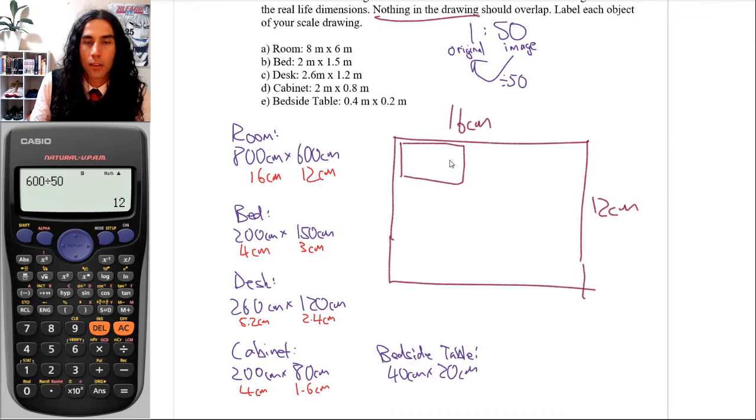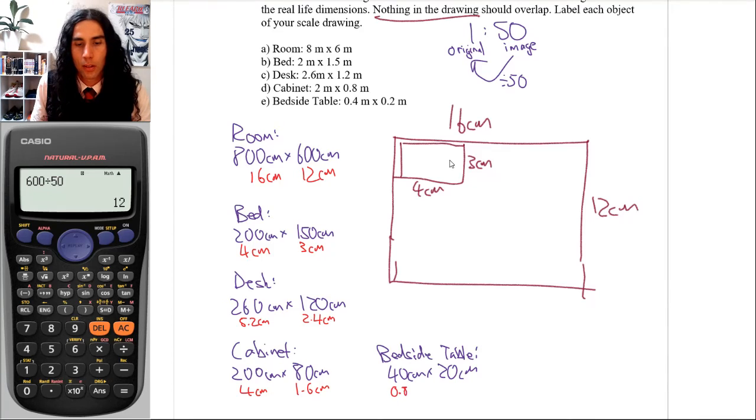4 by 3. Get it right though. I'm being really rough here. Bedside table. You can put it wherever you like. Might as well put it over here. Oh wait, I even skipped it. That's so bad of me. Bedside table. 4, 8. That's 0.8 centimeters. 0.4 centimeters.